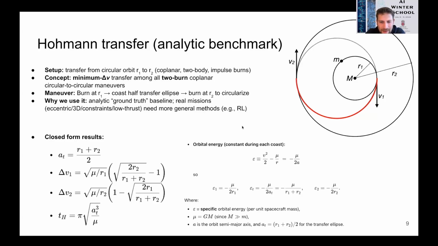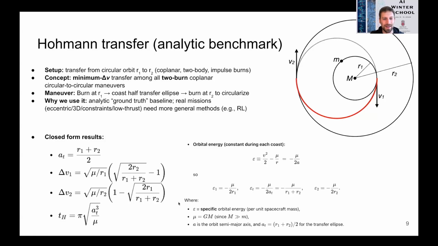On the bottom of this slide, there's a bunch of equations. We don't have to go through all of them, but the key ones to look at are delta V1 and delta V2. Basically, this tells you how big of a burn. Remember, change in velocity is fuel. So it tells you how big of a burn you need for the first impulse and the second impulse.